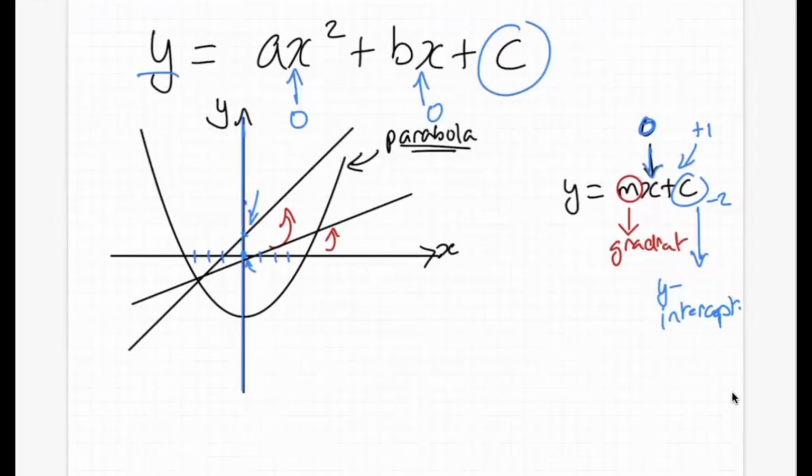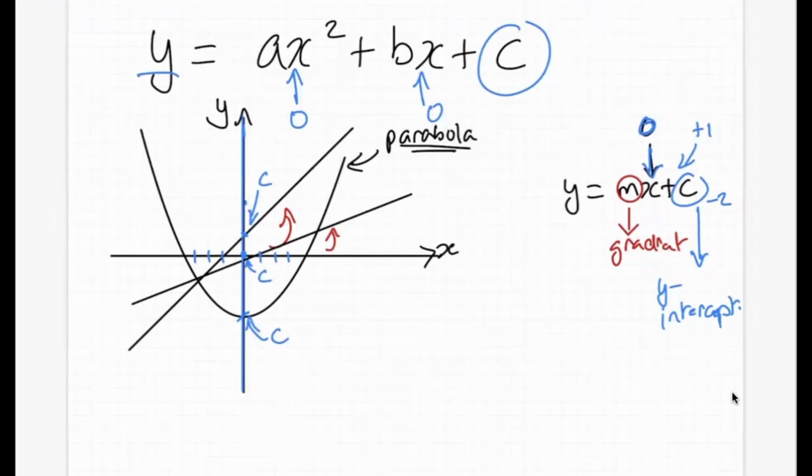And we're going to figure out at which point this graph crosses the y-axis when x is 0. And that will be our c value. Yeah, so it's the exact same for the linear graph y equals mx plus c, and for the quadratic y equals ax squared plus bx plus c.